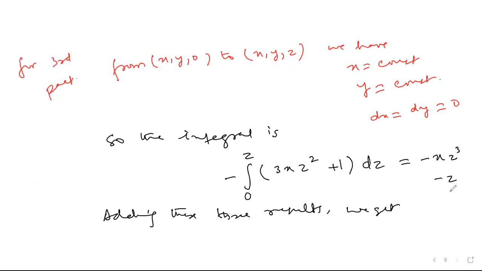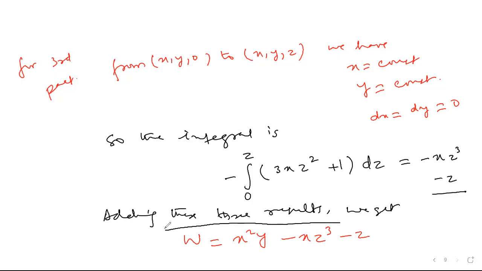For third part, it is minus x z cube minus z. So when we add them, we get the scalar w. So w is x square y minus x z cube minus z. Let me encircle it.